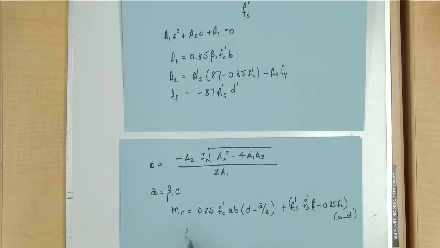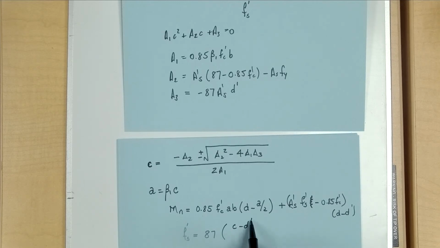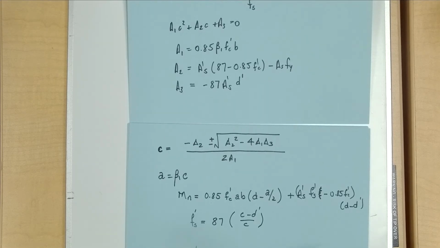And what's F prime sub S, you ask? F prime sub S is equal to 87 multiplied by C minus d prime over C. And then we use our same equation, M sub U has to be less than or equal to phi M sub N, and phi is equal to 0.9 because rho minus rho prime was less than rho max.